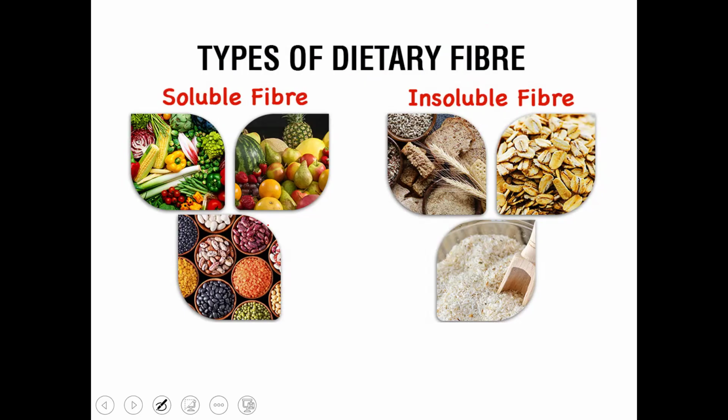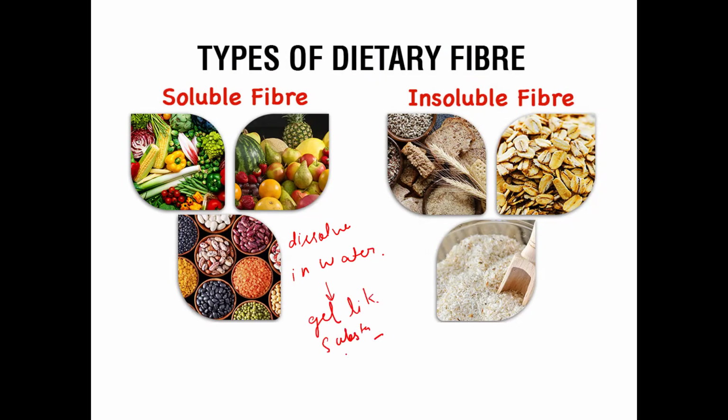Let's understand the types of dietary fibers. It includes soluble and insoluble fiber. Soluble fiber is dissolvable in water and forms a gel-like substance. Examples: oats, apple, beans are great sources of soluble fiber.